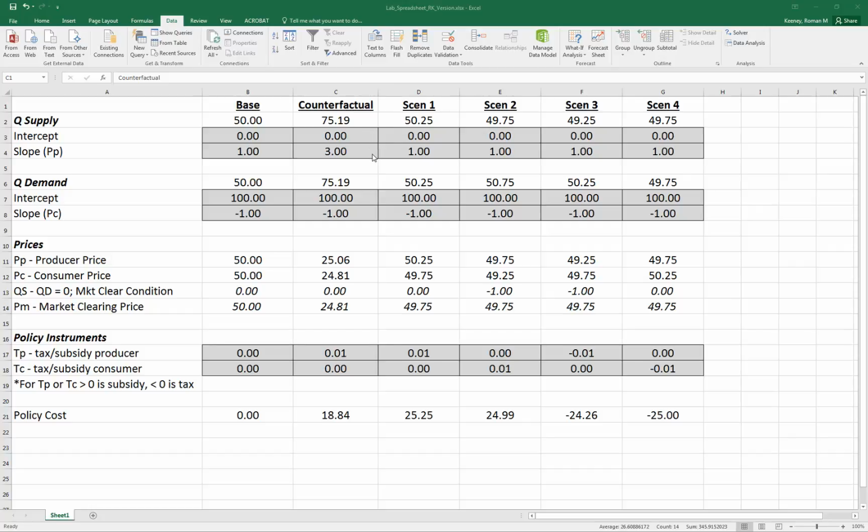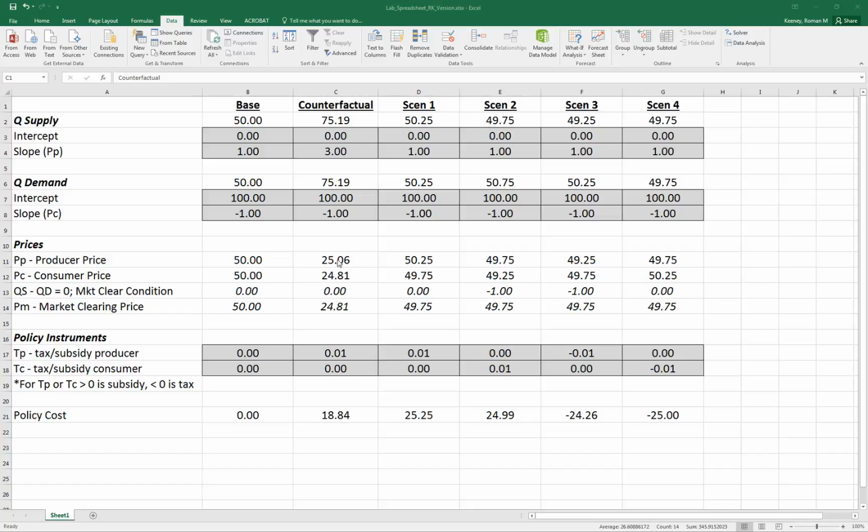So the results are different. You're going to just kind of look past that a little bit. But here's the key part. Here, if you compare this to the market price, the middle price, the 50-cent price, the producer price goes up by 25, consumer price went down by 25.